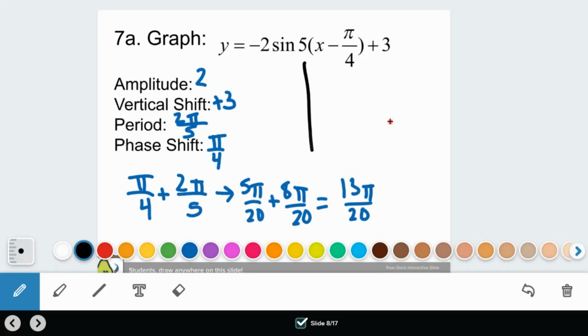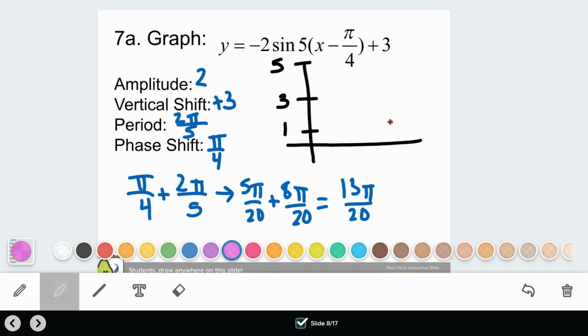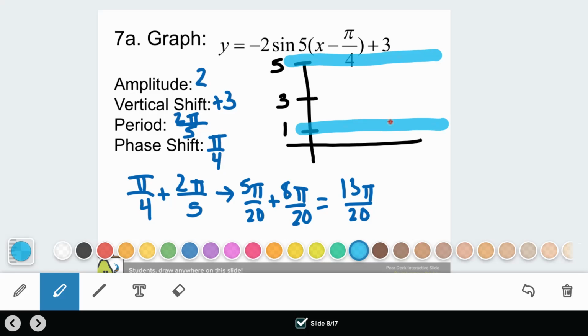So for the graph, I'm going to drop it down. We're going to be starting at 3. We're going to be going 2 above that, which is a 5, 2 below that, which is a 1. And so when I'm doing this, here at 5 and at 1 will be my high and low.